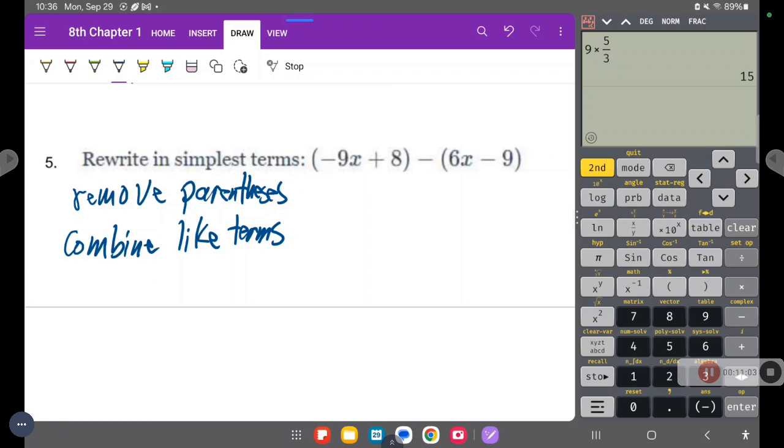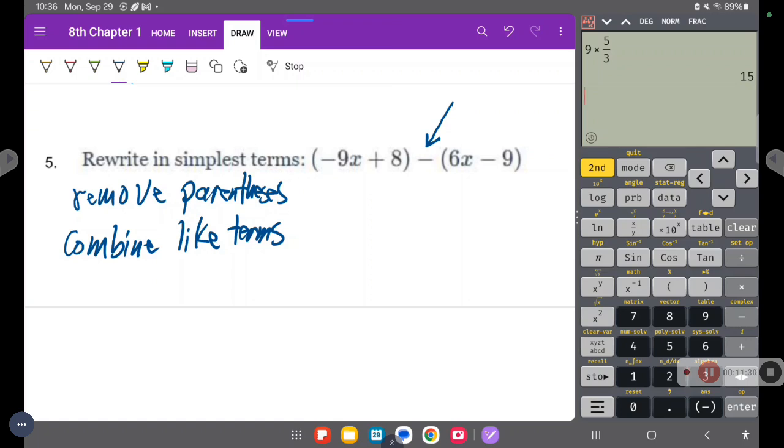Okay. So when there is a negative in front of the parentheses, Damien, do you remember what we're supposed to do? It's been a while since we've done this. Does anybody remember what we're supposed to do if there's a minus in front of the parenthesis? Change the sign of everything inside.